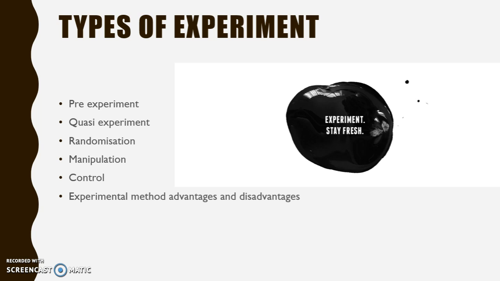Experimental method advantages and disadvantages. The advantage of this method is that the researcher controls the pace and location, so therefore they will be able to host the research where the respondents have a natural environment, somewhere they're used to, which will increase validity because they'll be used to that.